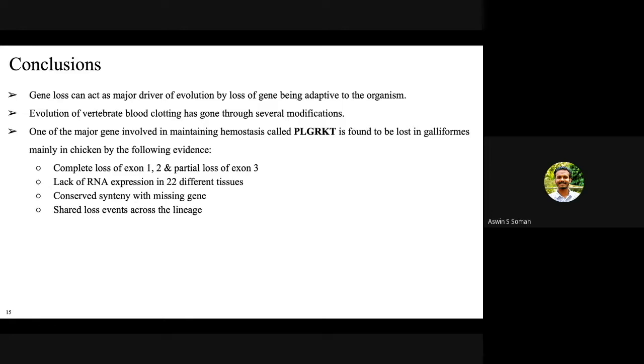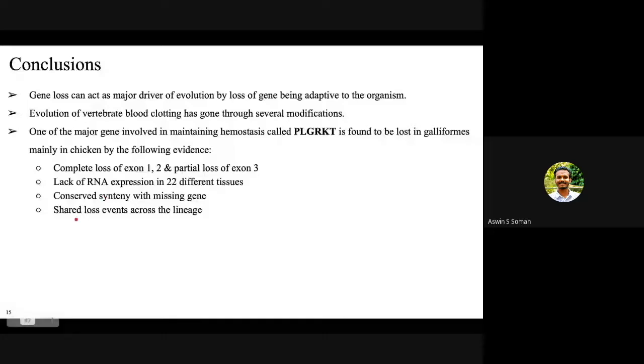We found evidence that it is lost in chicken, by the following evidences: the complete loss of exons 1 and 2, partial loss of exon 3, a lack of RNA expression in 22 different tissues, a conserved synteny with just the PLGRKT gene missing, and shared loss events across all the families in the galliform order.